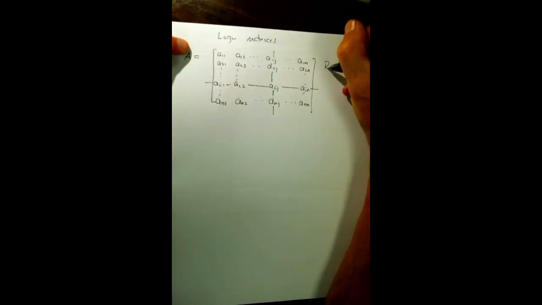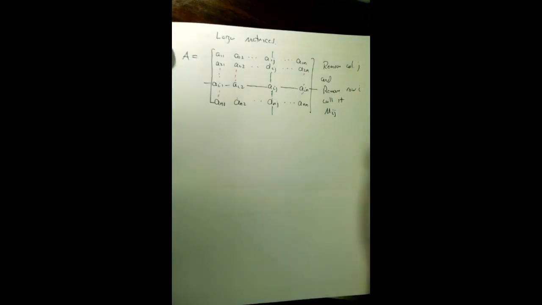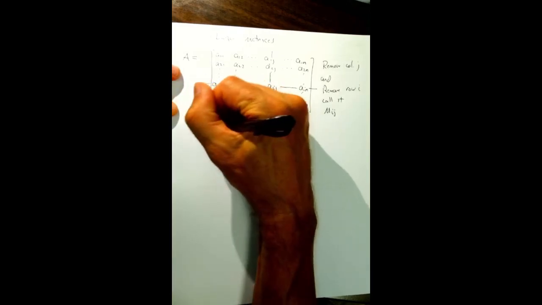And the idea is now if I remove column j and I remove row i, I'm going to have a matrix with one less row and one less column. I'm going to call that a new matrix. I'm going to call it M sub ij. Okay. And I'm going to use this to find the cofactor of a matrix.